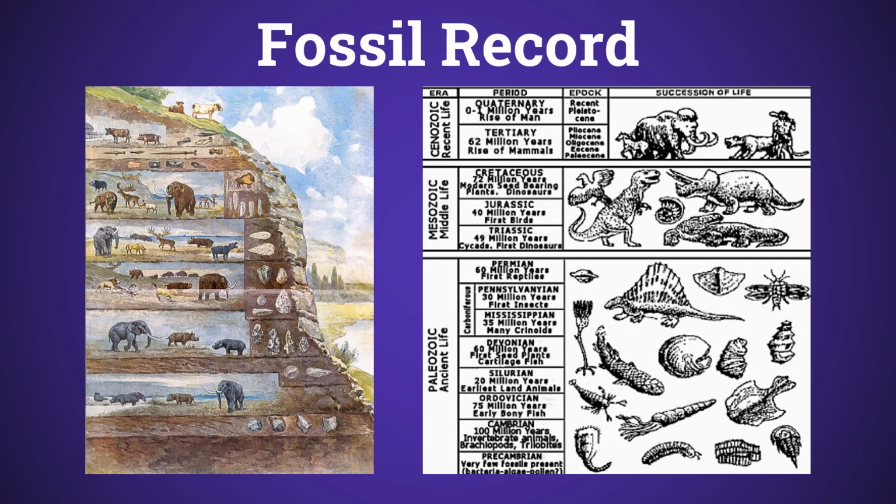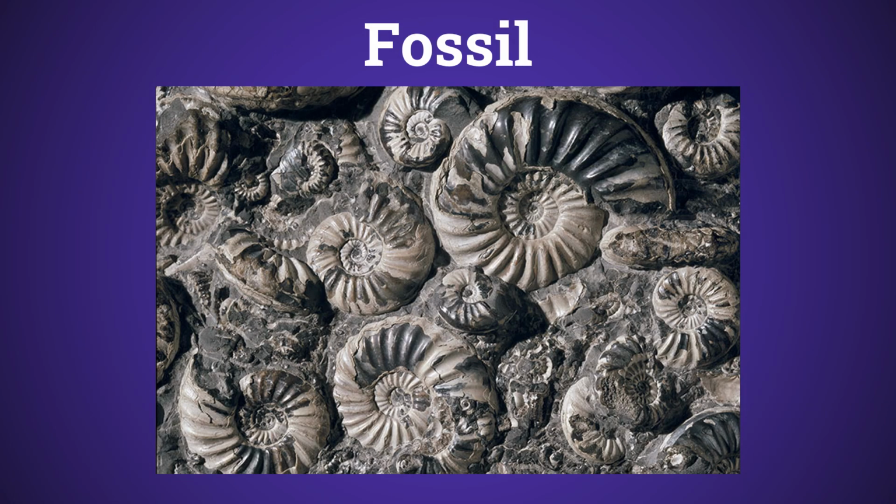A fossil record is a group of fossils that have been analyzed and arranged into chronological order of existence. A fossil is a remnant or trace of an organism from the past embedded and preserved in Earth's crust. They are found in layers of sedimentary rock.